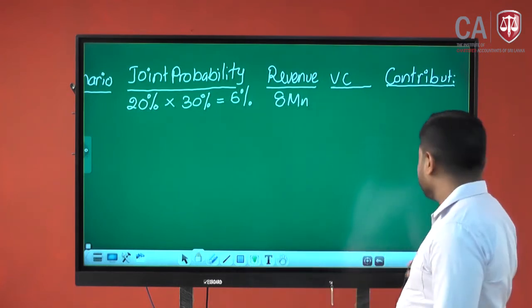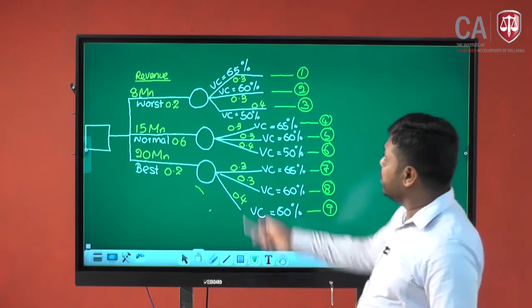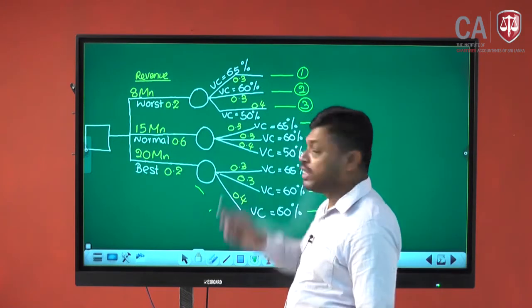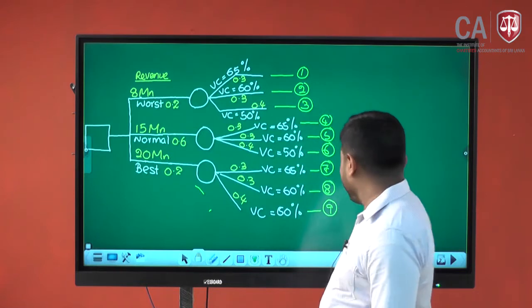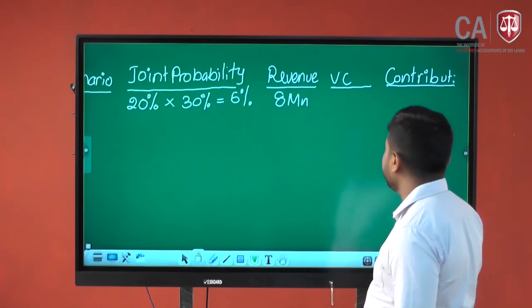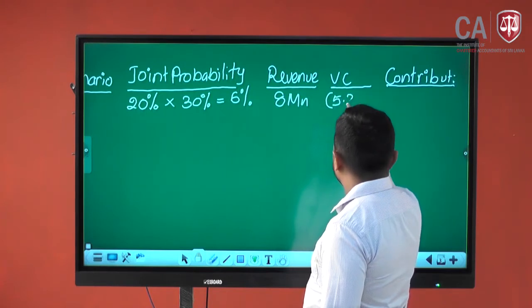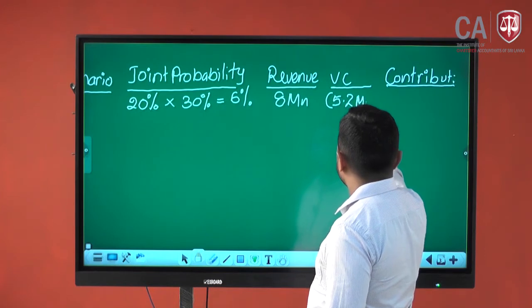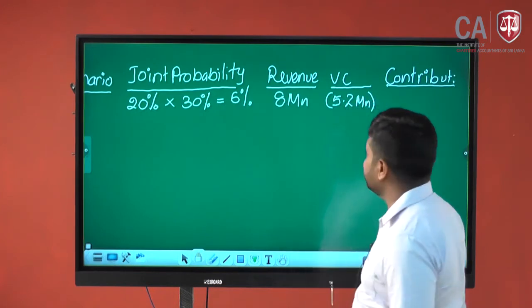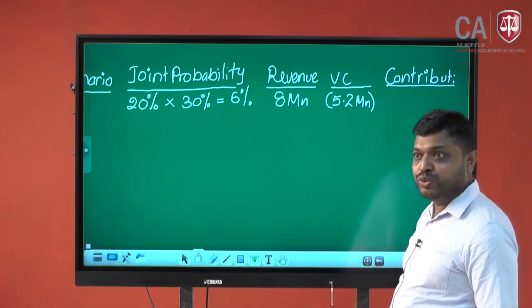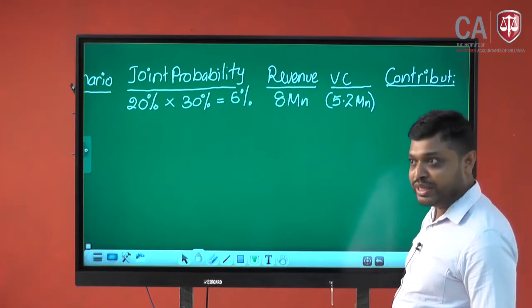Variable cost will be 65% on the revenue, 8 million into 65%, it will be 5.2 million. Variable cost 5.2 million. Then contribution will be how much? 8 million minus 5.2, it is 2.8 million is your contribution.